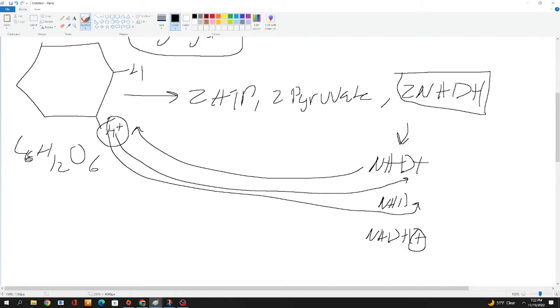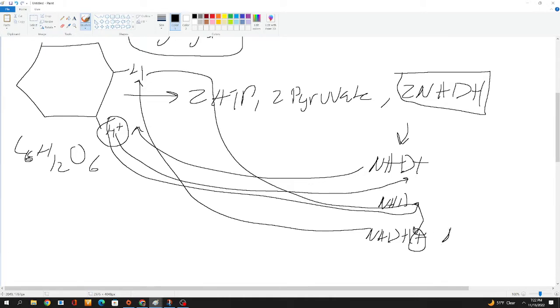And to neutralize this new positively charged region, it's going to go to another hydrogen or another part of glucose and rip off another electron to make NADH. And that is why it's called an electron acceptor, because this is holding electrons.